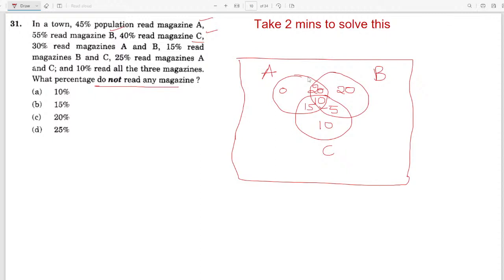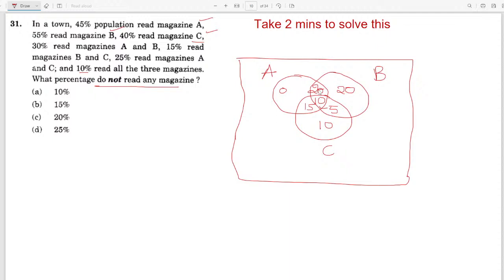How we approach, how we got 0, 20 and 10. We took the 10% who read all the 3 magazines, this 10, and then we have solved outward. So first we calculated A and B. A and B is here 30% read A and B, so 10% read all the 3 magazines.